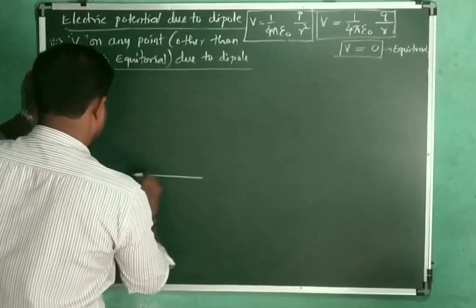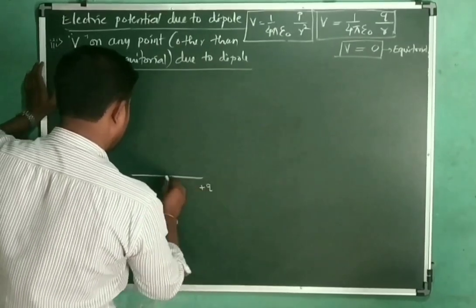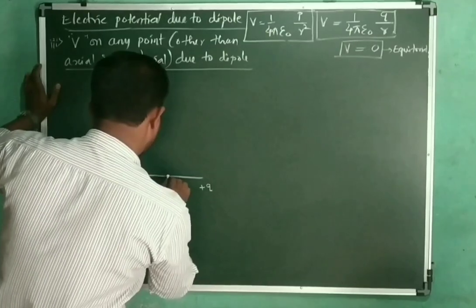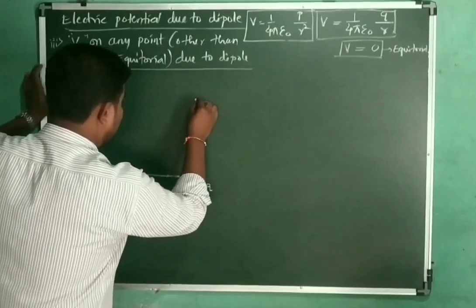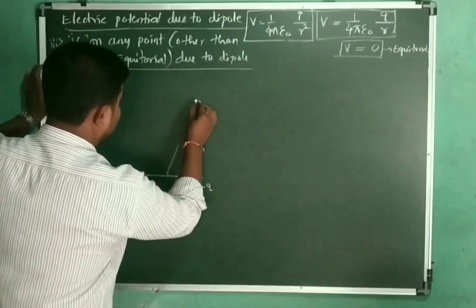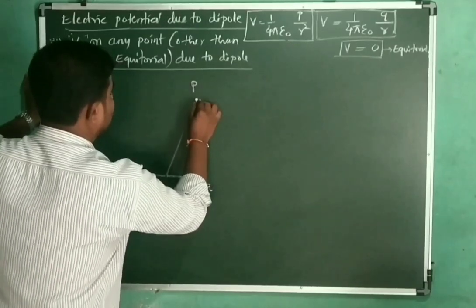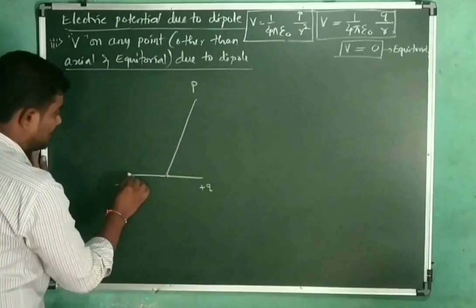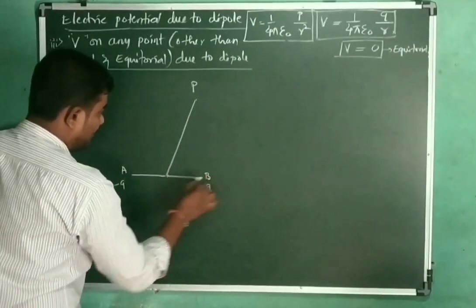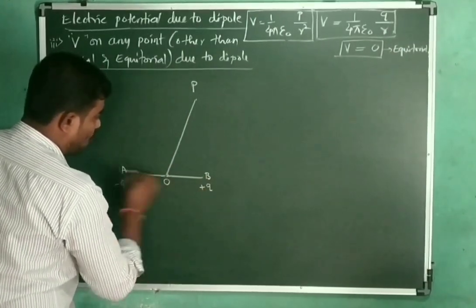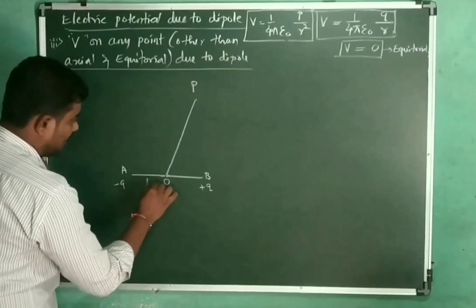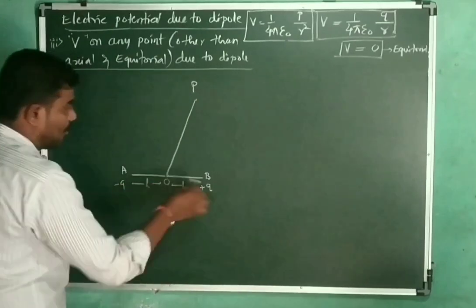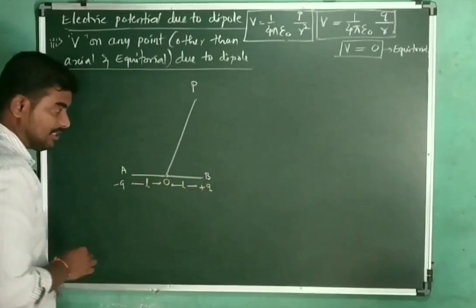This is minus q, and this is plus q. From the center of the dipole, at a distance of r, let us consider a point P where we are interested to calculate electric potential. Let us name the dipole ends A and B, and the center of the dipole is O. This distance is L, and this distance also is L, because the separation of the dipole is 2L.